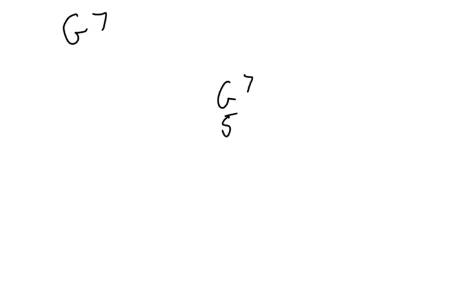So the goal, always, when finding out modes is to find out what 1 is. If you know what 1 is, then you know what the key is. So 4, 3, 2, 1: you go G, F, E, D, C. Now for me, it's easier to go up 6, 7, 8 than to go down 4, 3, 2, 1.